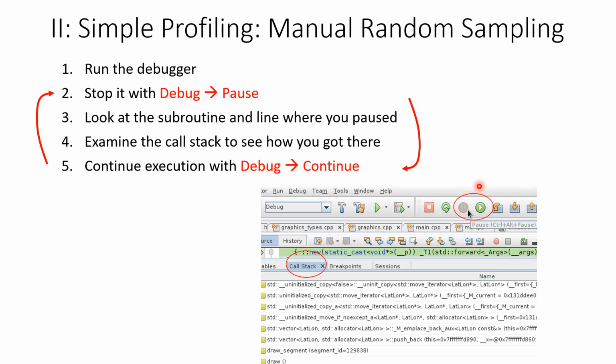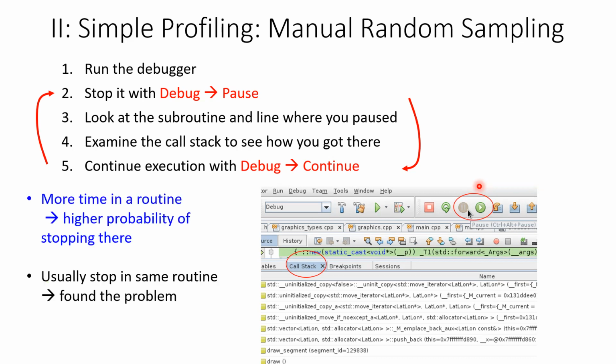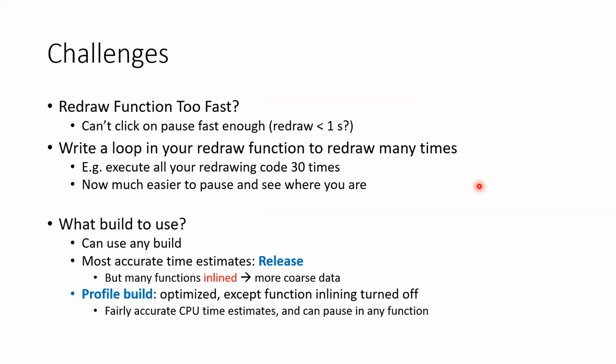So you debug, pause, look at the subroutines, then continue and pause again. If you spend more time in a routine, there is a higher probability of stopping there. And if you usually stop in the same routine, then you found the problem. And you can do the manual profiling and everything else in that routine.